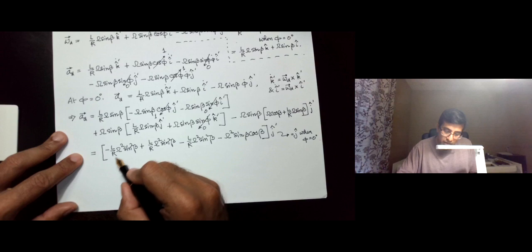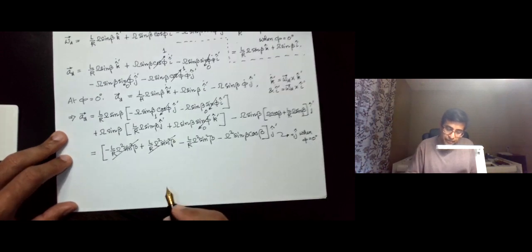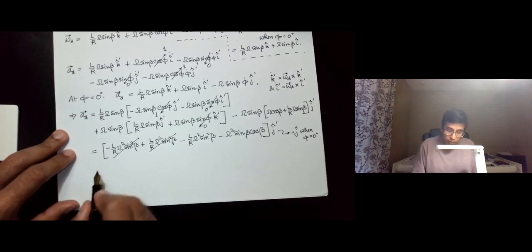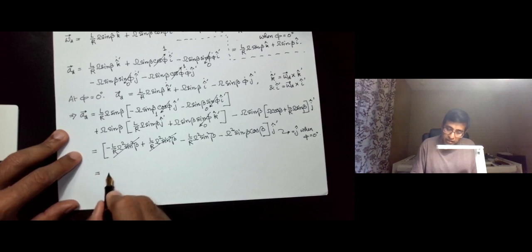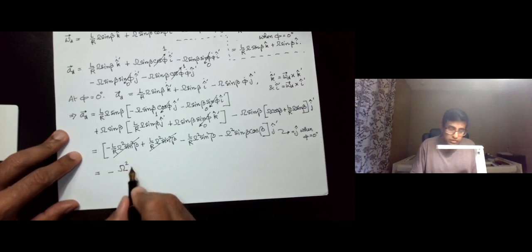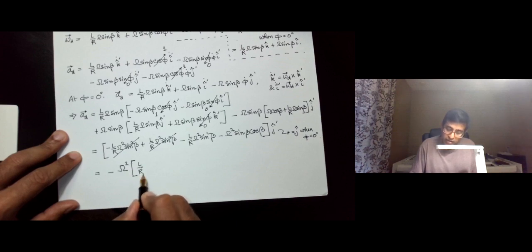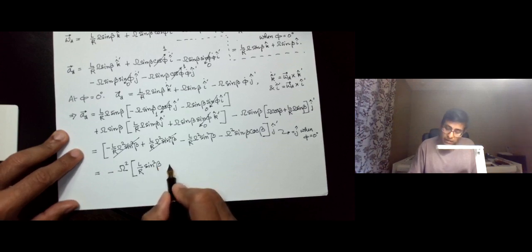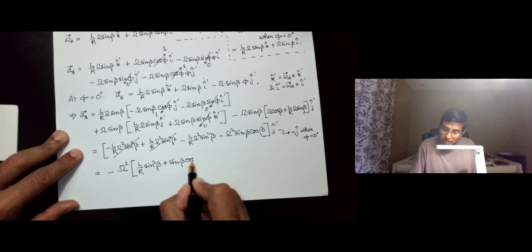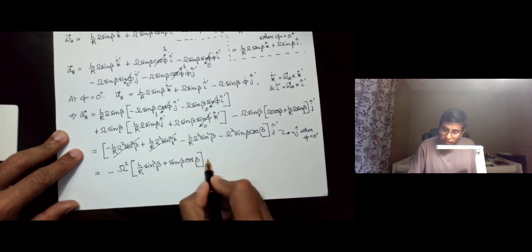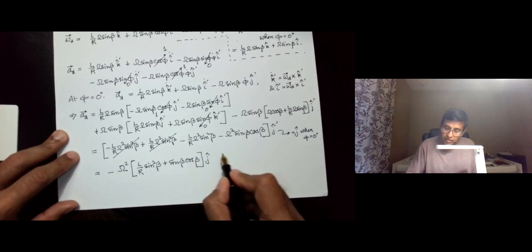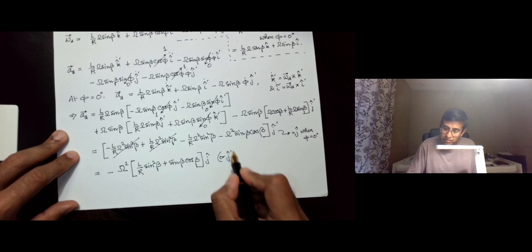So we cancel these two, and what we are left with is the following: minus omega squared, L over R sine squared beta plus sine beta cosine beta, and we could put j or j prime.